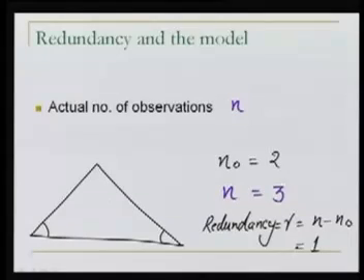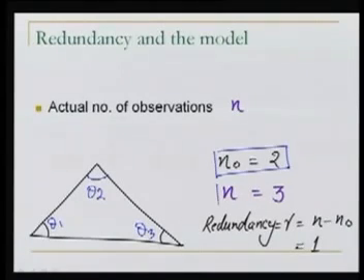So the minimum required are 2 in this case. But if we have done, let us say, theta 1, theta 2, and to include redundancy, we are doing theta 3 also, we have taken 3 observations. Though the desired is 2, our number of observations is 3.